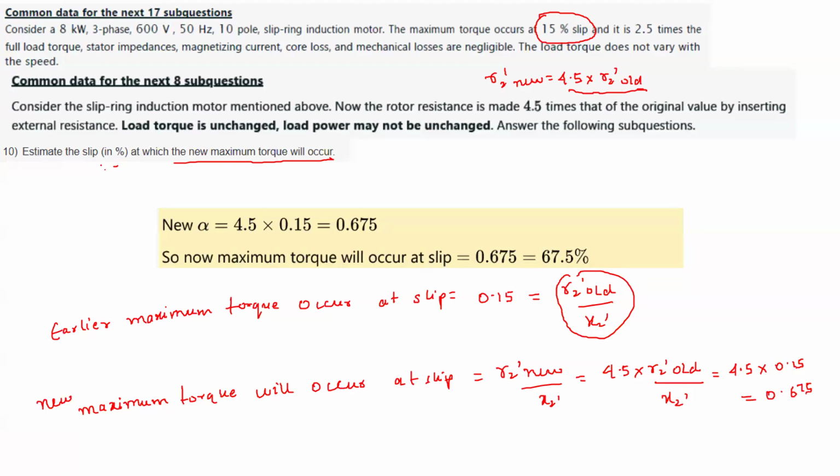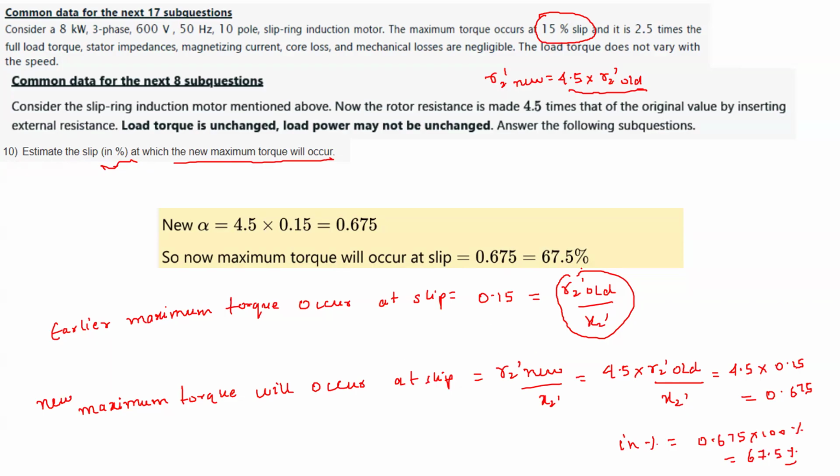But they're asking in percentage, so you multiply by 100. In percentage, it is 0.675 into 100%, which is 67.5%. So this is also a simple question.